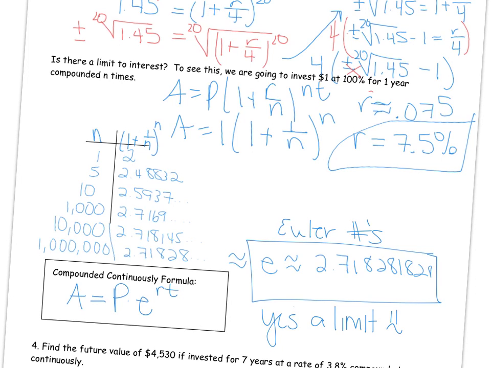Now in your calculator, there's a few places to find e. You can hit the second key and then go straight down and look for right above the key that says ln. There should be a blue e to the x. So you're welcome to hit that second ln, and it instantly puts e raised to something.